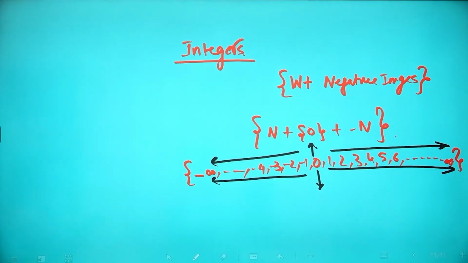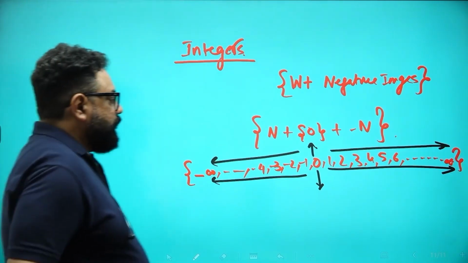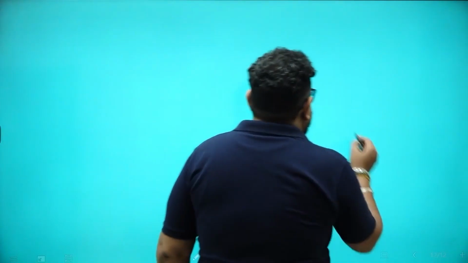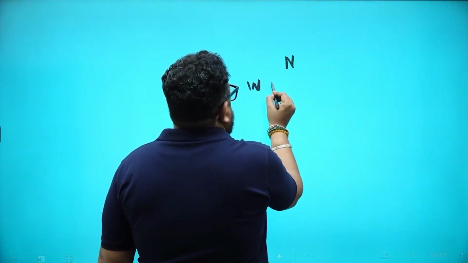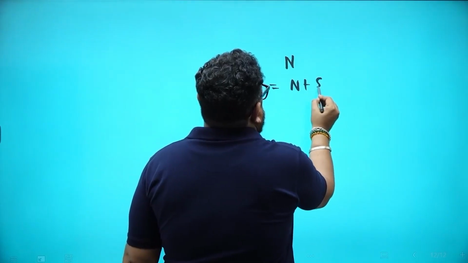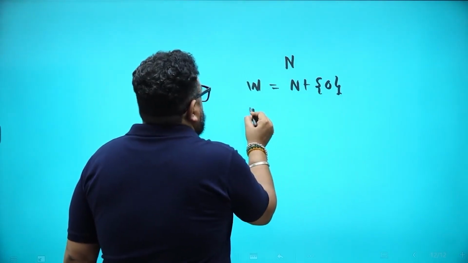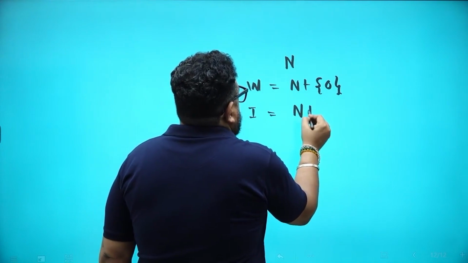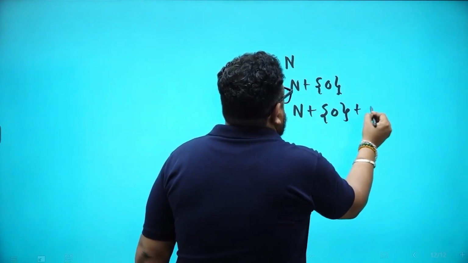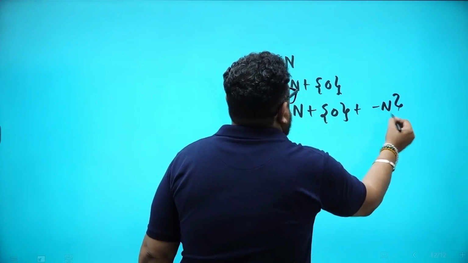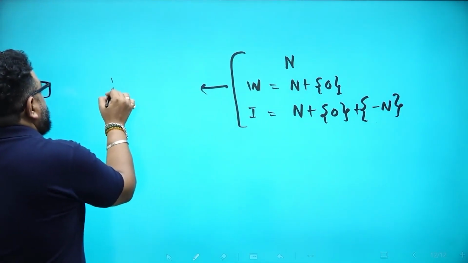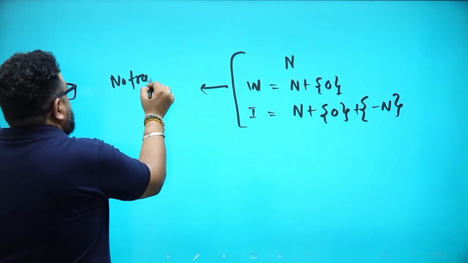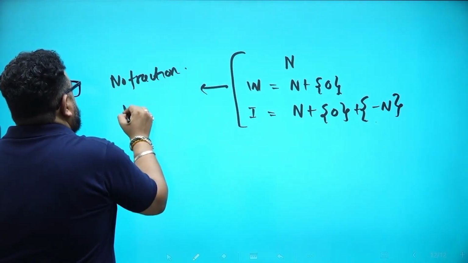For the first 3 cases, you should always keep this in mind. Whole numbers are natural plus 0. Integers are natural plus 0 plus negatives of naturals. For the first 3 cases, no fractions, no decimals.